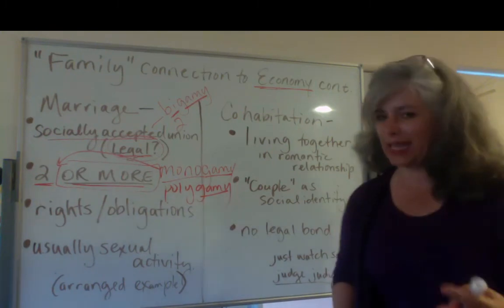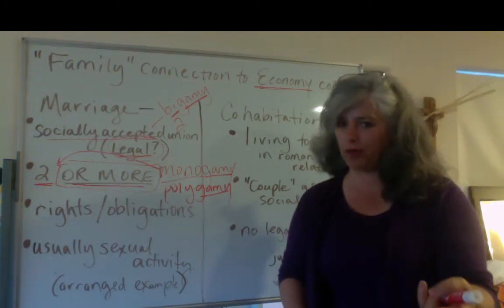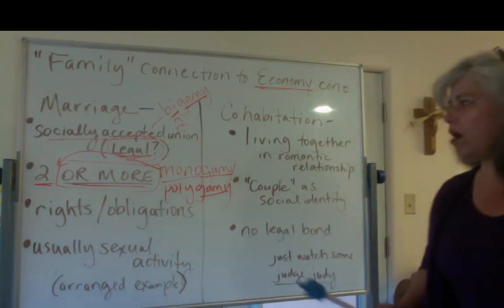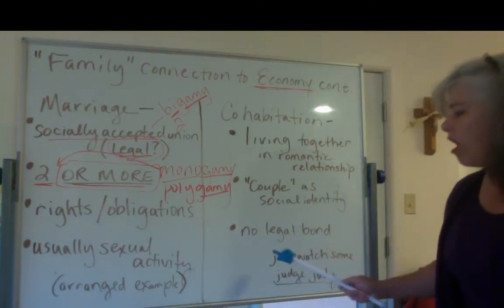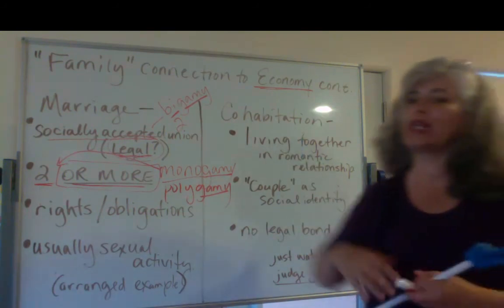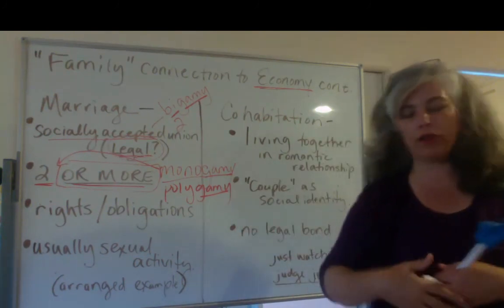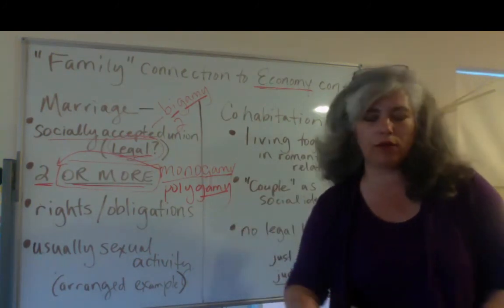Not every state has a legal statute that recognizes common law. But what common law does is it offers a little bit of legal protection to people who cohabitate for a certain length of time. In some states it might be 5 years, and other places 7, 10, I don't know how long.